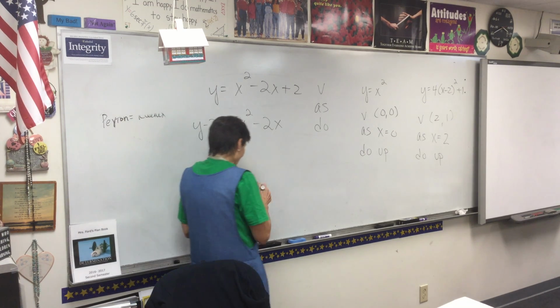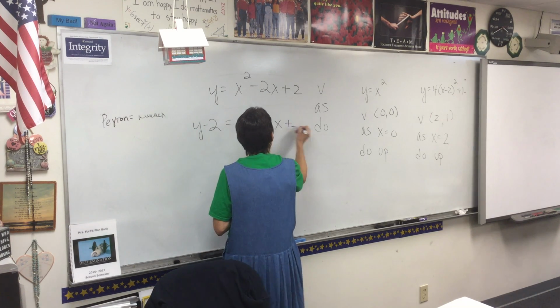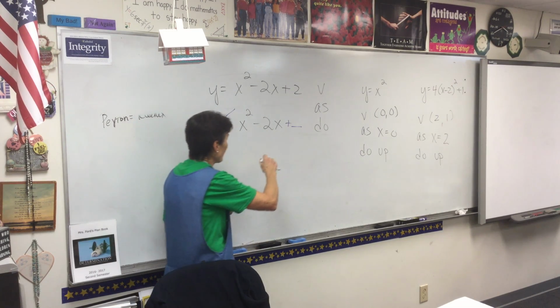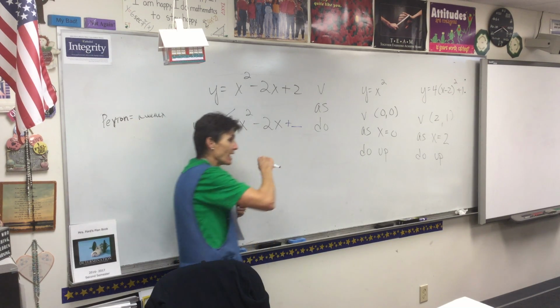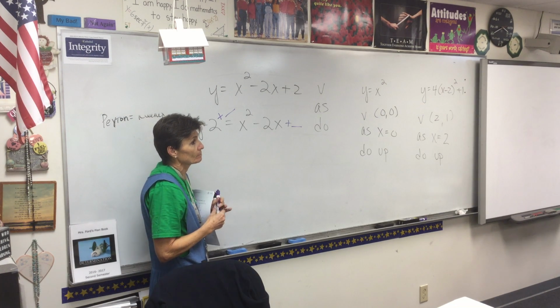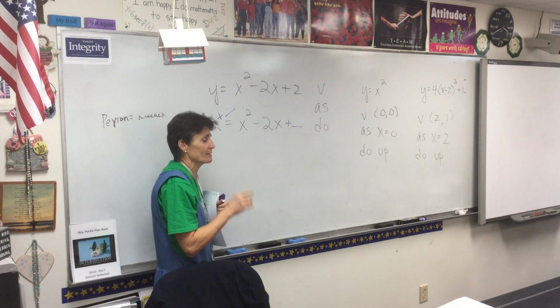Now I'm going to add a number to both sides. Does anybody remember how we figure out the number that we add to both sides? Emma? -2 divided by 2, and then you get -1 and then square it. Square it, yep.